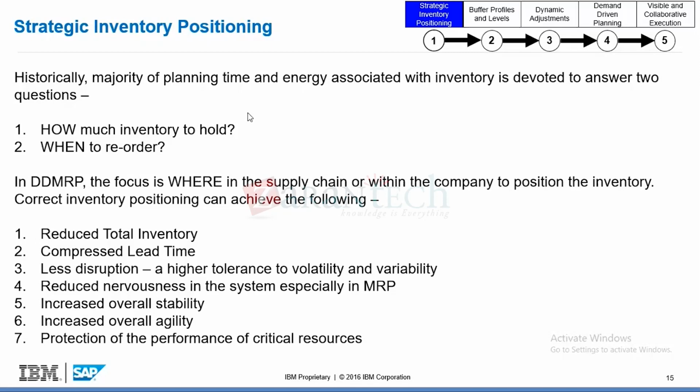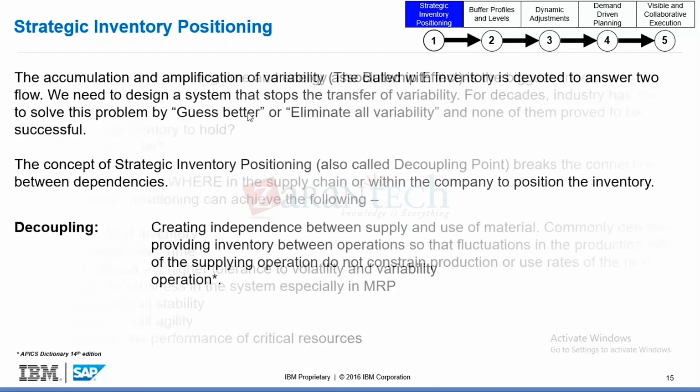What can happen? We can have a reduced total inventory. We can compress the lead time, have less disruption, increase overall stability, increase overall agility and protect the performance of critical resources. So once we do the positioning of strategic inventory, after decoupling we do the buffering.